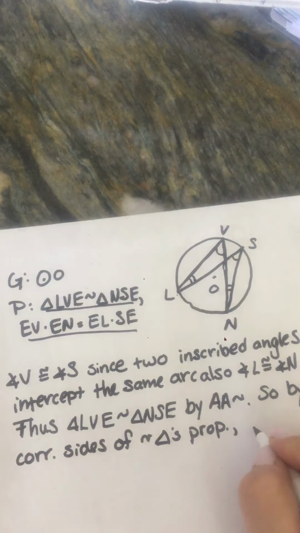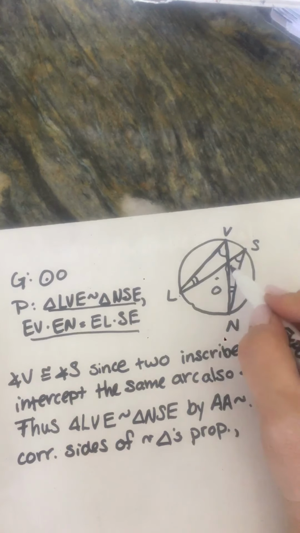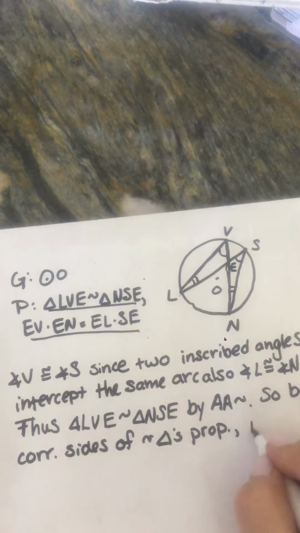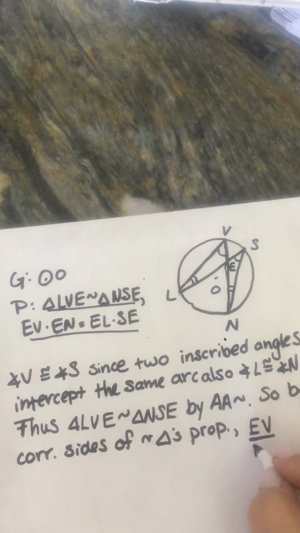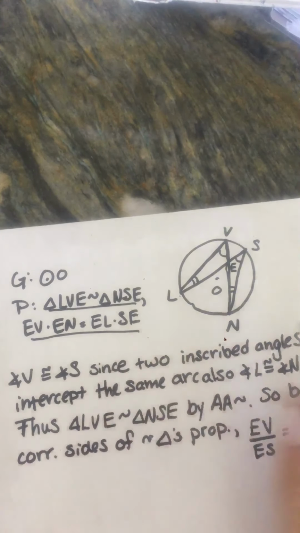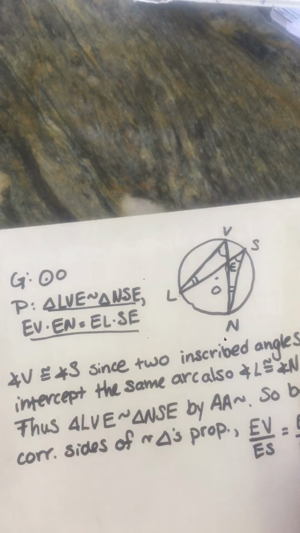I forgot to put E on my picture. Here's E. EV is to ES as EL is to EN.